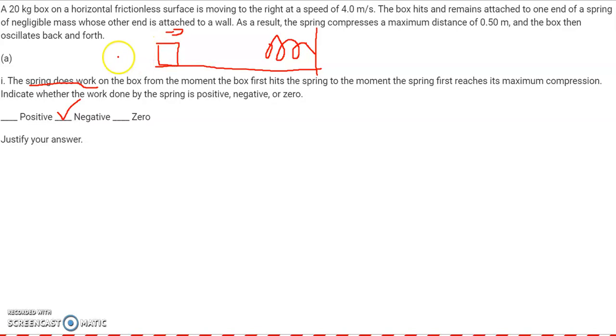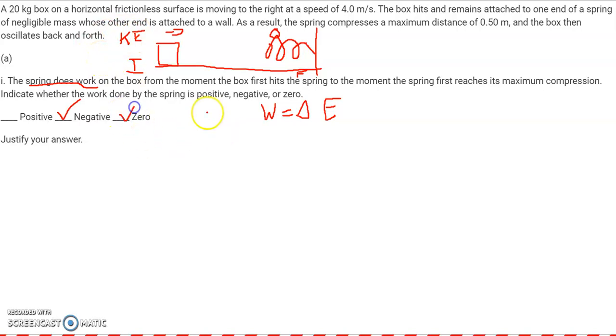Another way to think about this is initially here, we have some kinetic energy, and in the final we have zero kinetic energy. So 0 minus, remember, work is equal to the change in energy. So when it went from some energy to no energy, that means we have to have negative work to cancel out that positive energy. Okay.